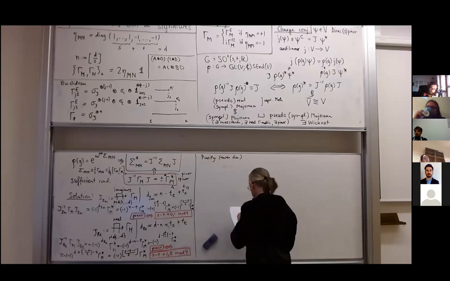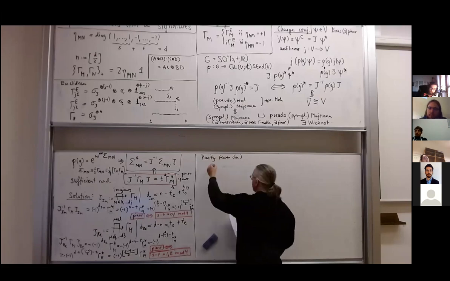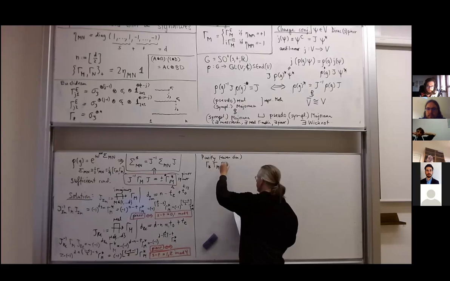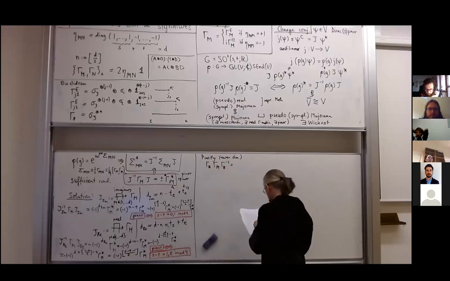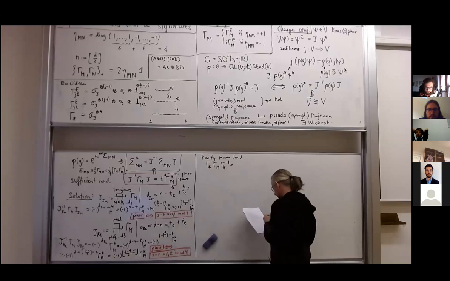Then we can look at how the gamma 5, or the gamma star, acts on gamma m, gamma star minus first, and I claim that that's equal to minus gamma m.